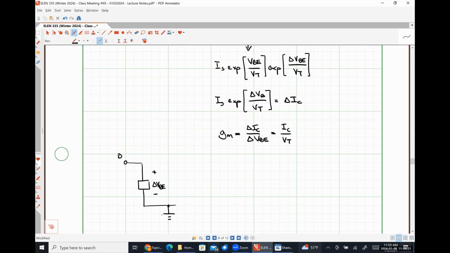Here is our emitter terminal down here. And then here's our transconductance multiplied by that voltage delta VBE.